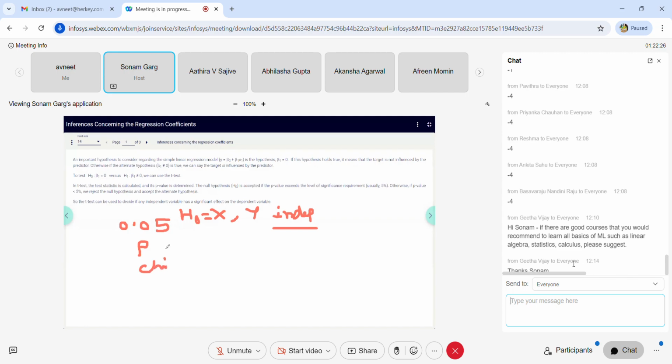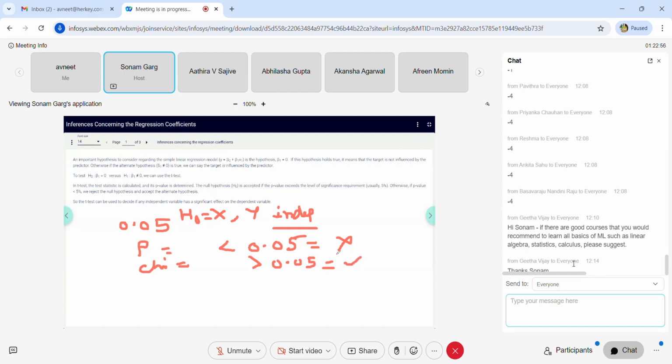the chi-square statistic and the p-values. Now, if the p-value, which is coming from our data, was less than our chosen significance level, that is 0.05, then we have to reject the null hypothesis. If it was greater than 0.05, then we can accept the null hypothesis. That means they are independent.